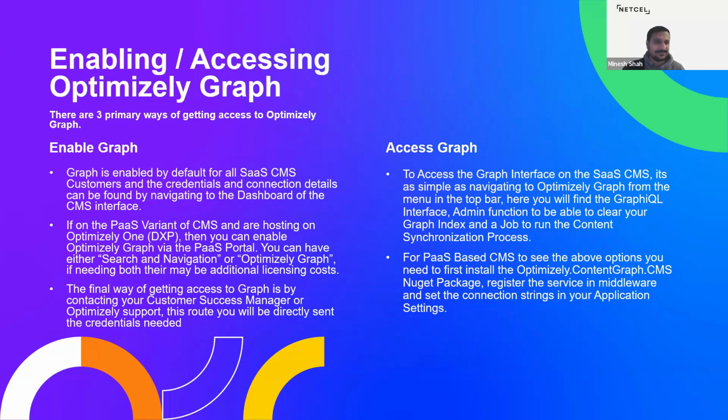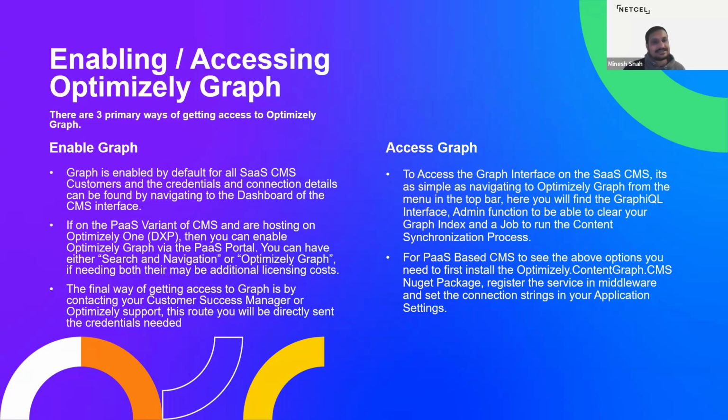If you do want them at the same time, that might have some commercial implications. So speak to your CSM or even support, just get a bit more information around that. A final way of getting access to Graph is actually contacting your CSM or customer support, and basically they can give you the credentials you may need. This is if you're not a CMS customer and you just want access to Optimizely Graph, yeah, contact CSM or contact support and you've got access to it.